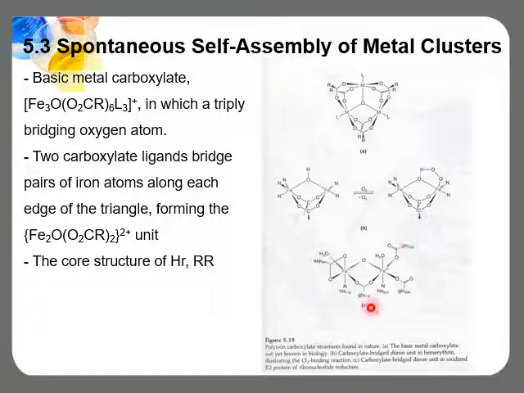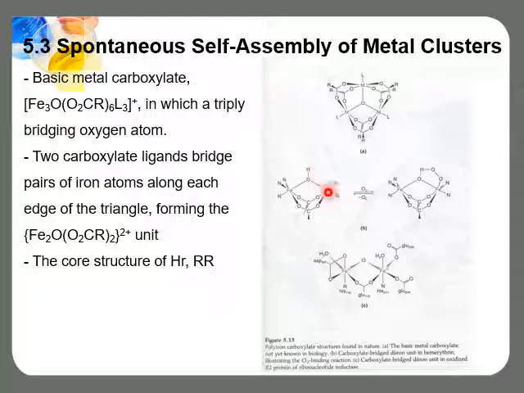Look at the example of C. The carboxylate-bridged iron unit in the R2 protein of ribonucleotide reductase. Here there is bridging oxygen and bridging carboxylate from the glutamate amino acid residues. Anyway, all of these examples show that iron is stabilized in octahedral geometry with six ligands.